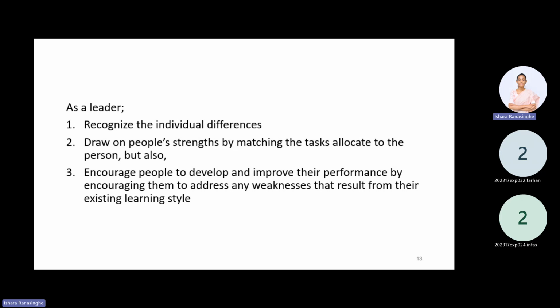And write down this particular point also. The fourth point: providing regular feedbacks. In the slide, it says only 3 points, but I'm adding another additional point. So write down this as the fourth one. Providing regular feedbacks.